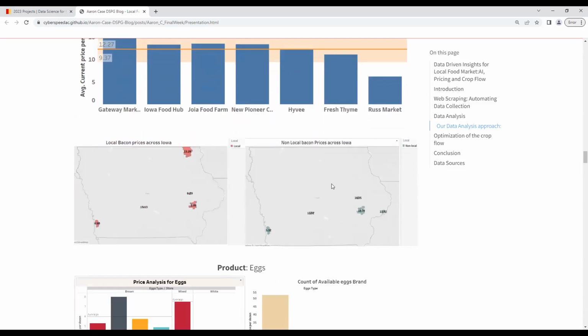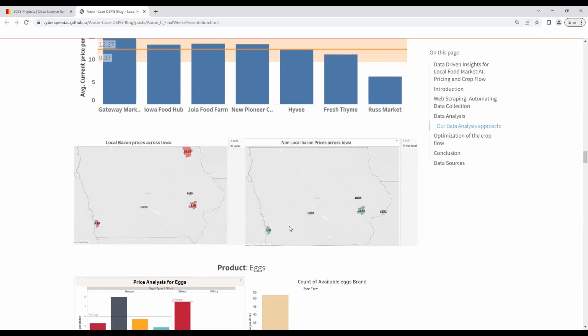Now here we have the Iowa map, and we can see the prices of bacon. On the left side, we have local bacons, and on the right side, we have non-local bacons.